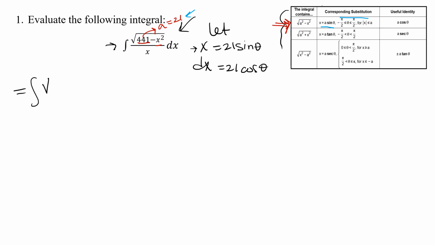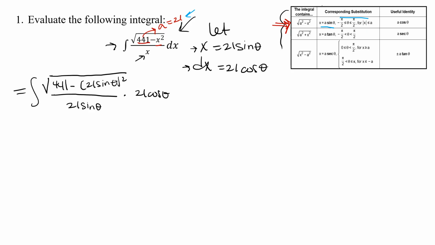So we have the square root of 441 minus, okay, so again in the place of x, we're going to put what we had it equal to. All right, and then in the bottom, we said that's also divided by x, so divide that by 21 sine theta, and then times our dx, okay? Well, remember we said dx was just 21 times cosine theta, and then don't forget to put the d theta.